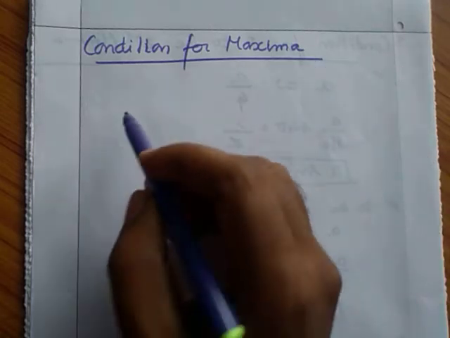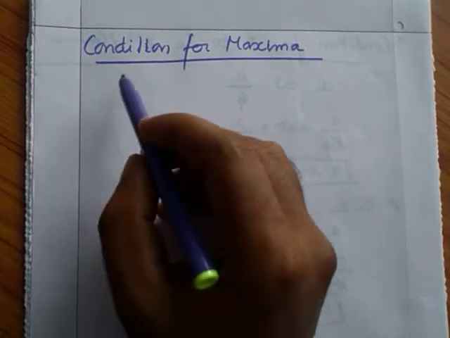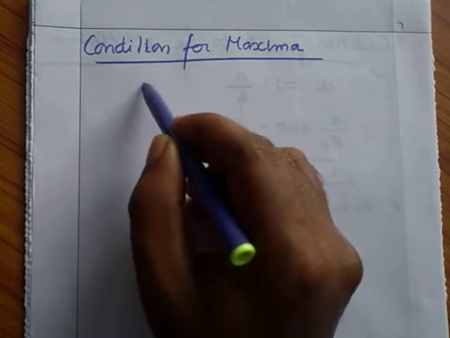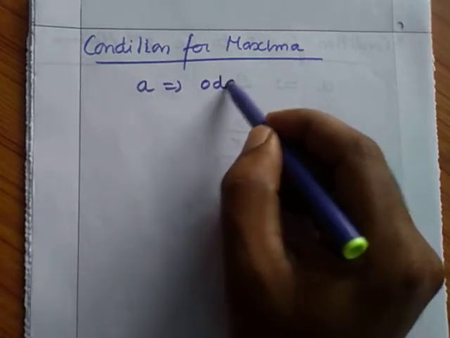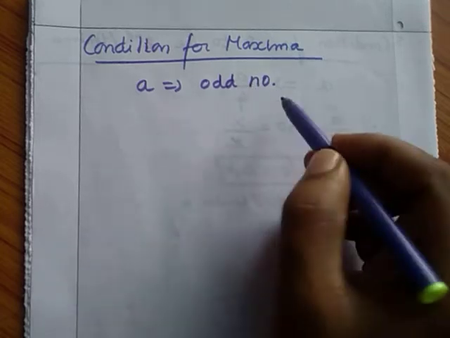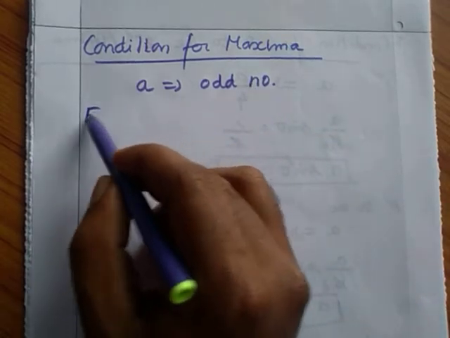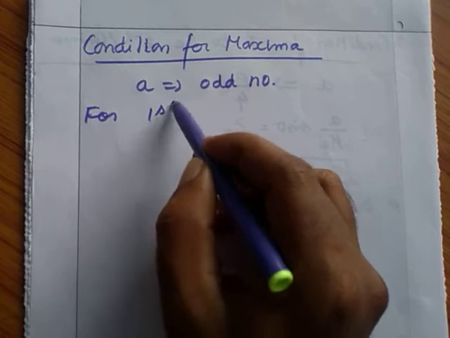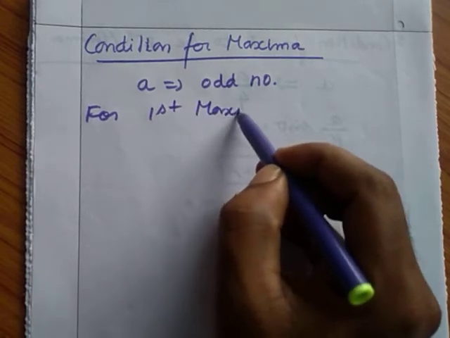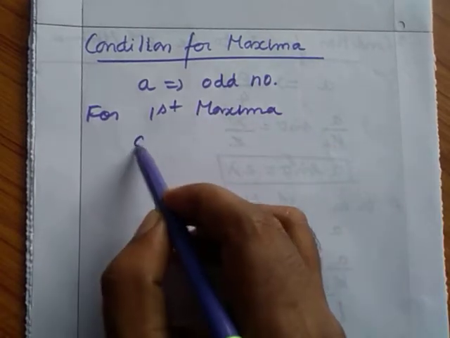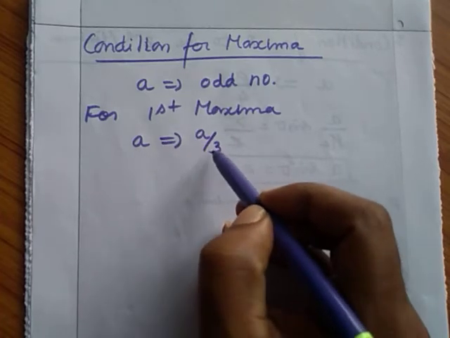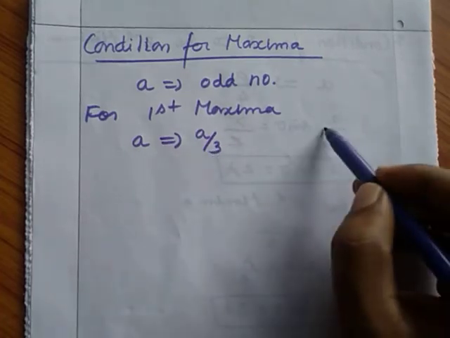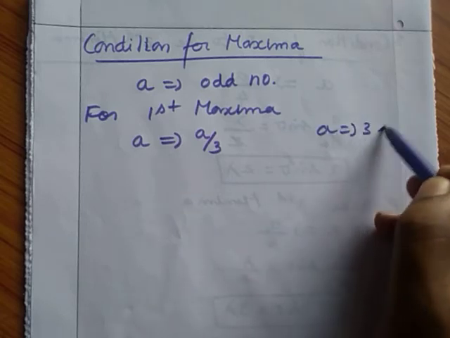For this case we have to split the width of the slit into an odd number of parts. Let me see the first one, for the first maxima. The slit width is divided as a by 3, that means a is split into 3 equal parts.